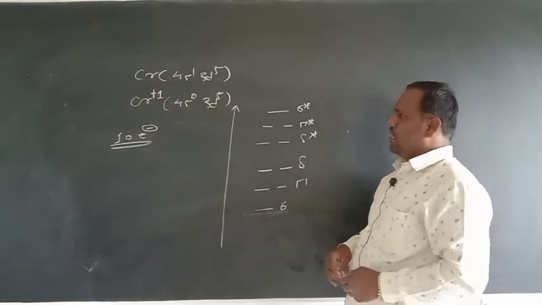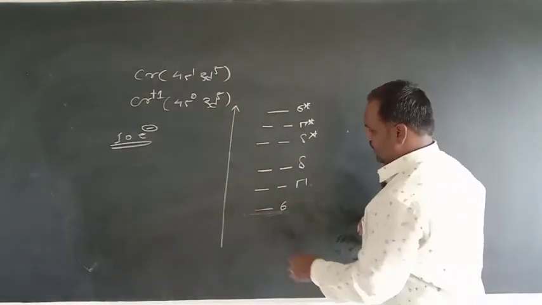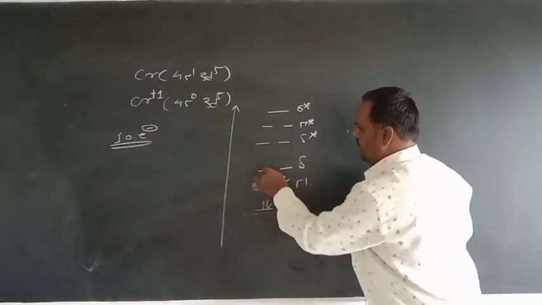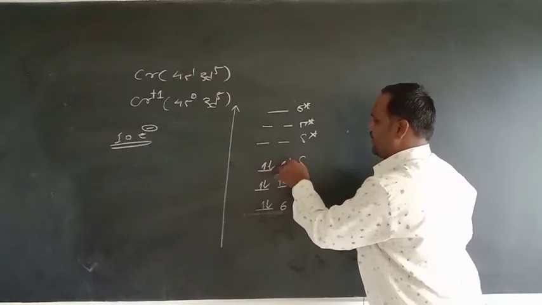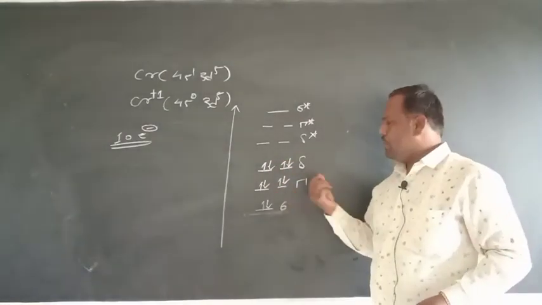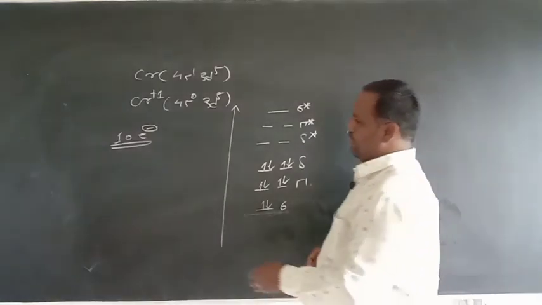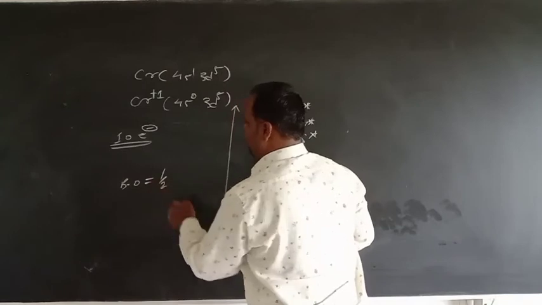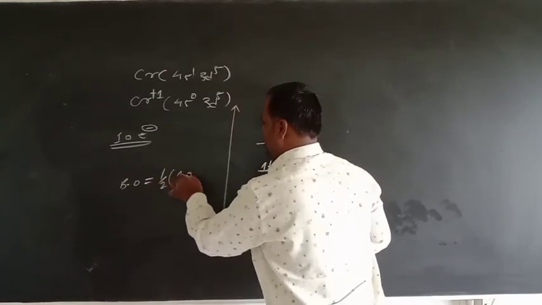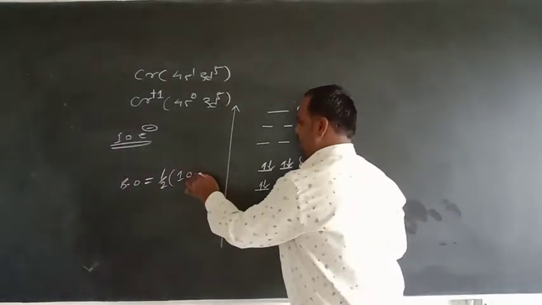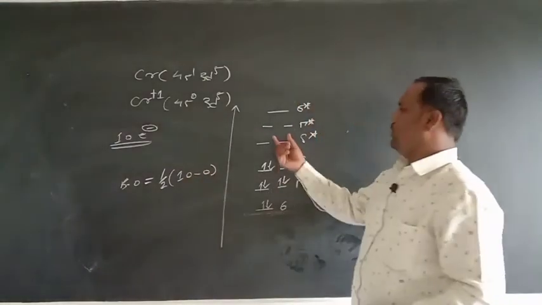If you consider the total of 10 electrons, so 2, 4, 6, 8 and 10 electrons, all electrons are in the lower energy orbitals, that is the bonding molecular orbitals. The bond order is equal to 1/2 into 10, that is total electrons in bonding molecular orbitals, 10, minus antibonding molecular orbitals, with no electrons in antibonding.